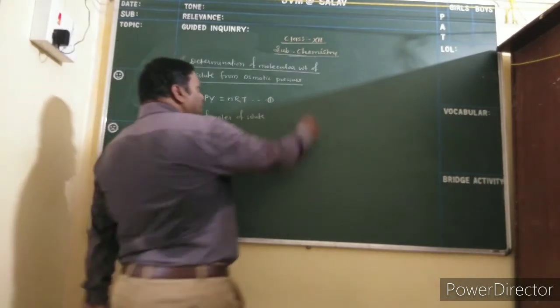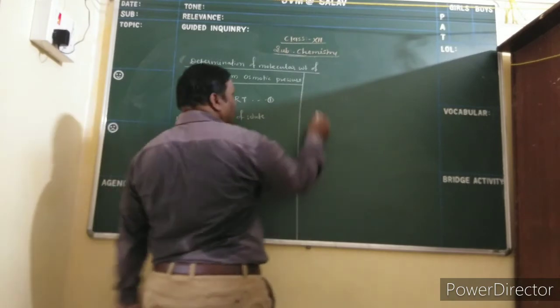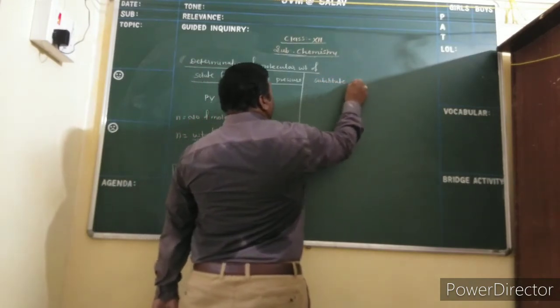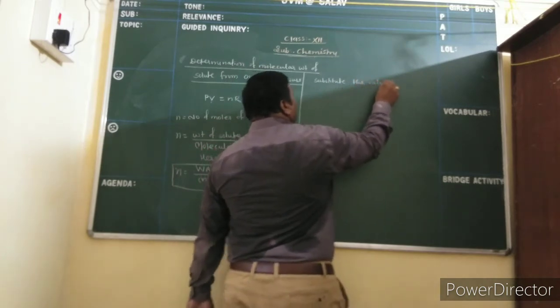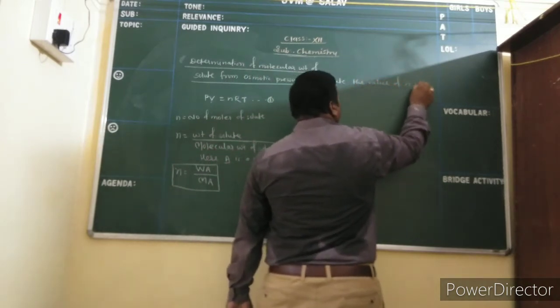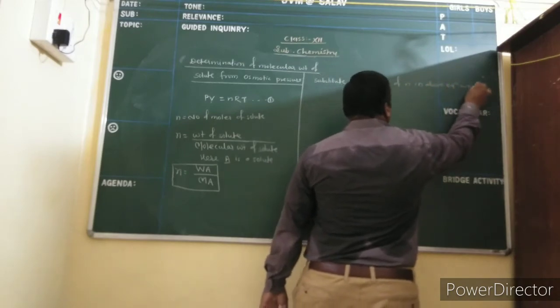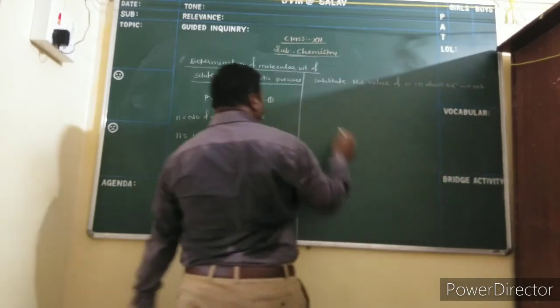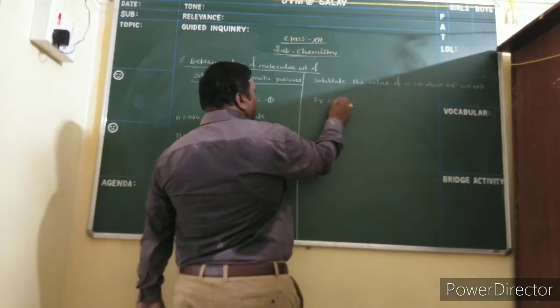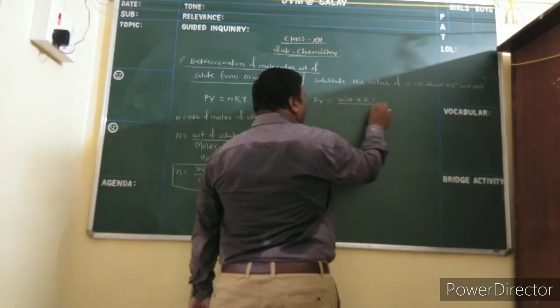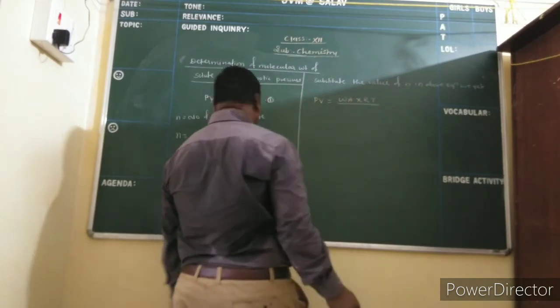So then substitute the value of n in the above equation. What do we get? PV is equal to WA into RT upon MA.